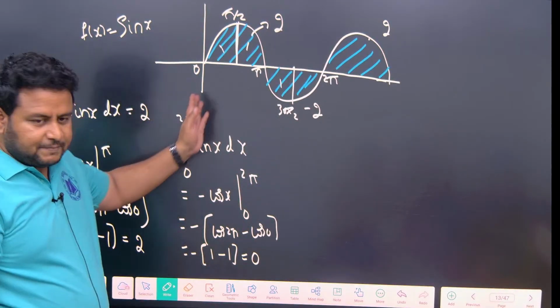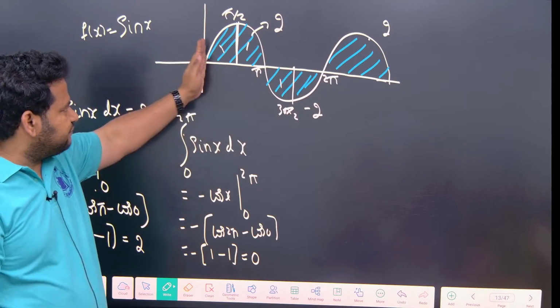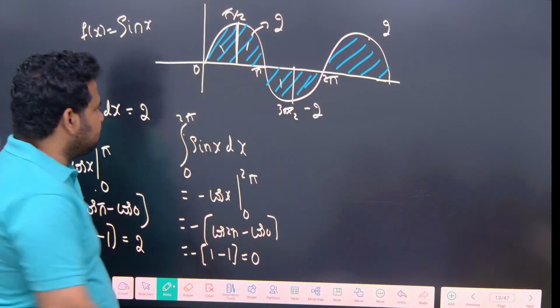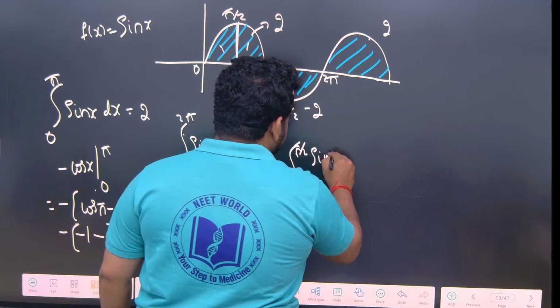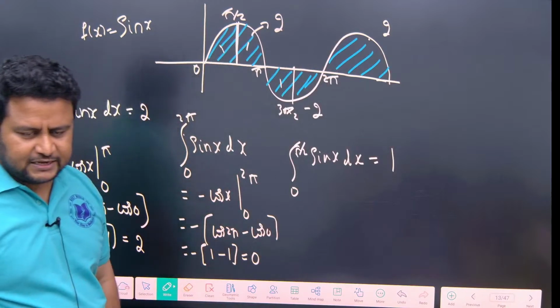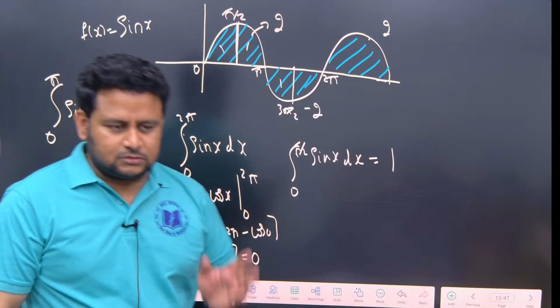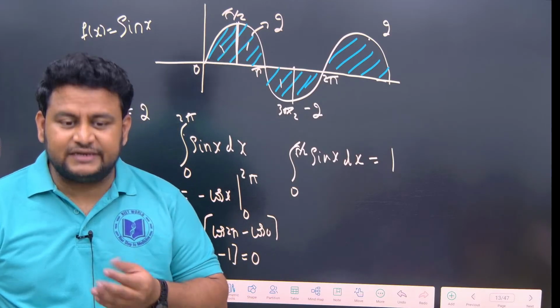So 0 to pi by 2 sin x dx is 1. This is half, this is 1, this is 1, but here it is negative, this you have to know. You have to remember this. 0 to pi by 2 it is 1, 0 to pi it is 2, 0 to 2 pi it is 0.